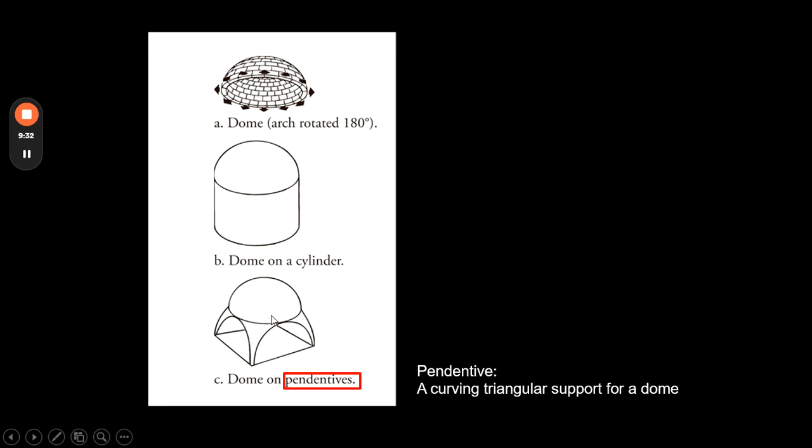And you can see that the entire weight of the dome has been concentrated to 4 load-bearing supports, as opposed to a dome on a drum, which is 360 degrees of load-bearing supports. So whenever I ask, why is this better? People usually point out that you get more square footage and that it's much more open. It relies less on load-bearing walls and instead on 4 load-bearing points supported by pendentives.